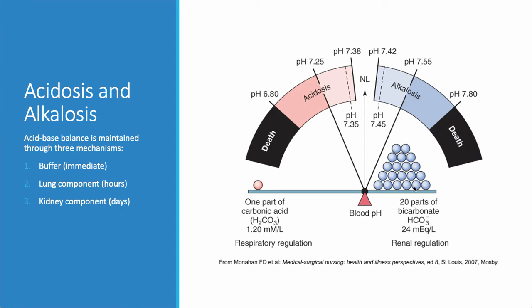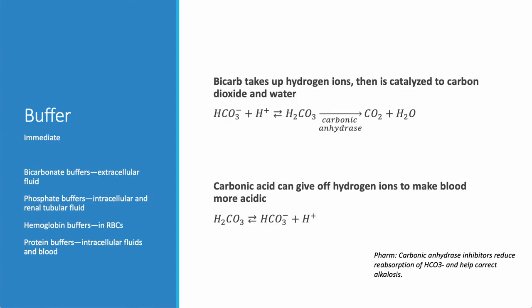And you know that process that it gets bicarb, I just showed you a couple of slides ago. So the buffer is immediate. It's a function of the concentration of bicarb plus the acid in the blood. That is the concentration of hydrogen ions. That's in equilibrium with H2CO3, which is carbonic acid.